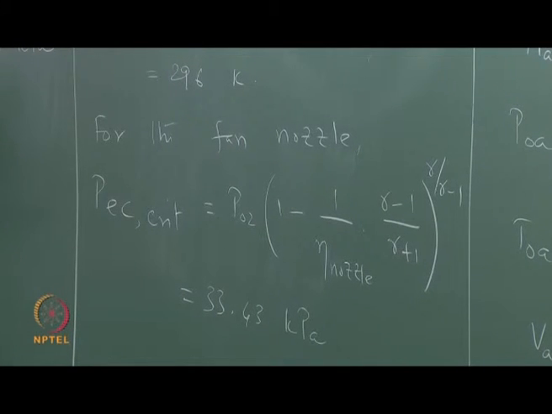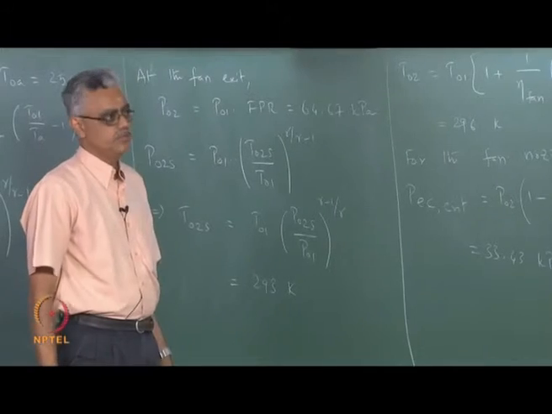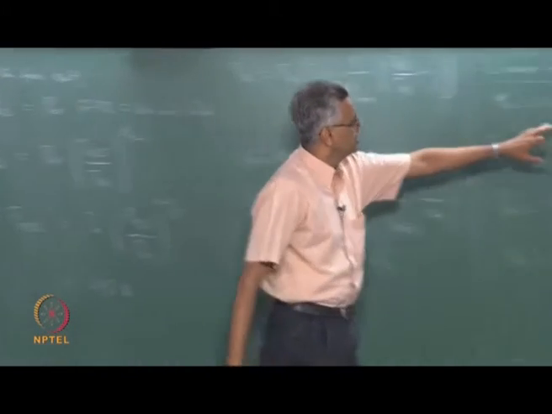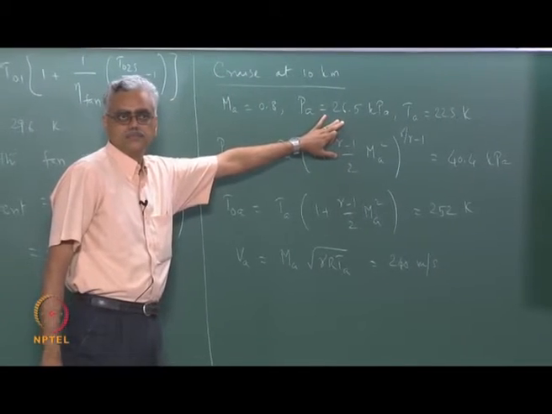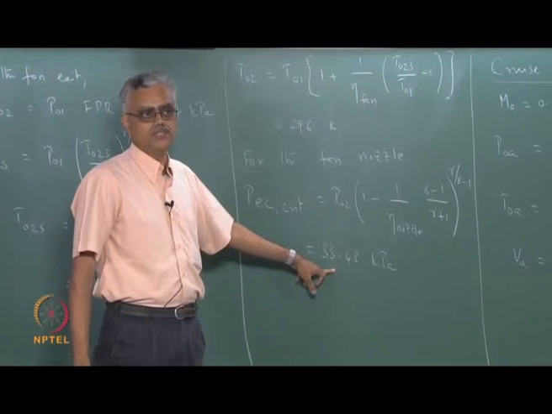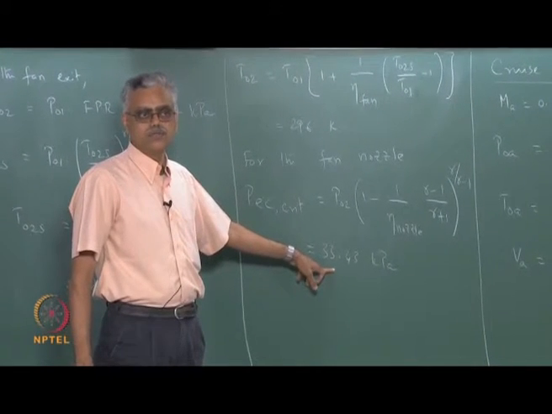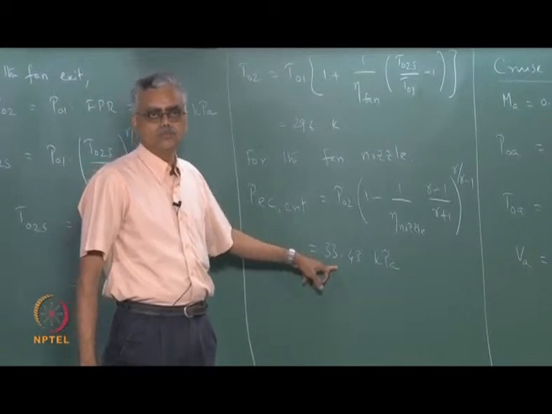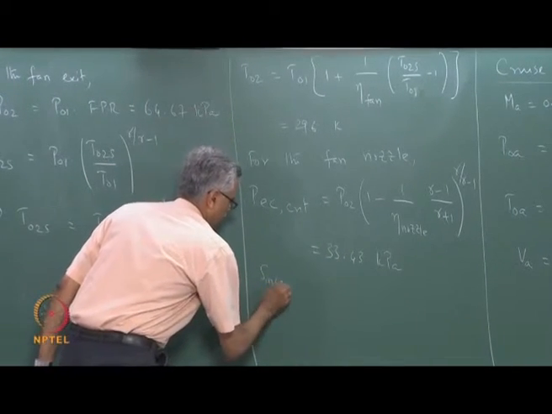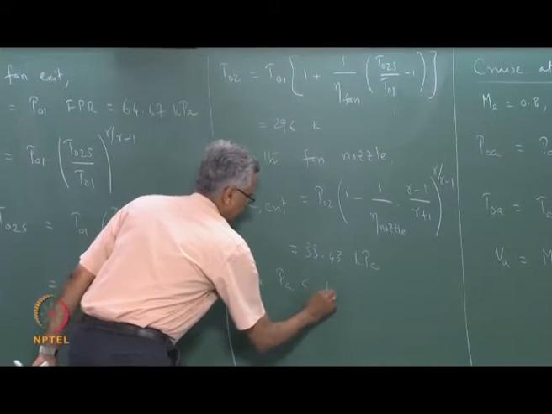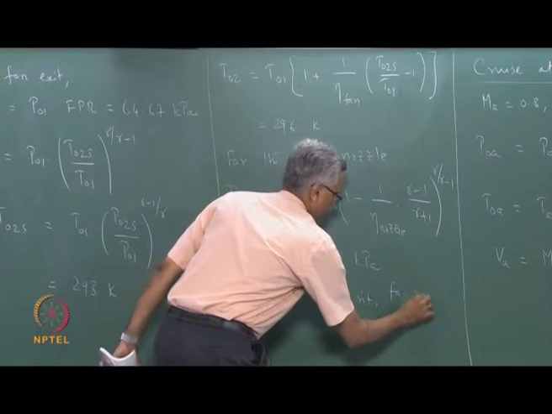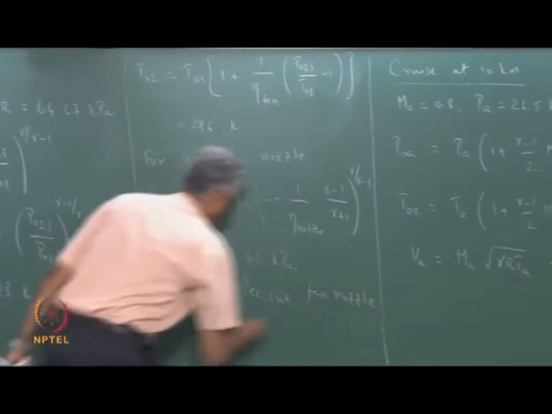And contrary to the static condition where the ambient pressure was 100 kilopascal, now the ambient pressure is 26.5 kilopascal, right, and the critical pressure is 33.43 kilopascal, which tells me that the fan nozzle is going to be choked now. In the previous case it was not choked, now the fan nozzle is choked, since PA is less than PEC critical.